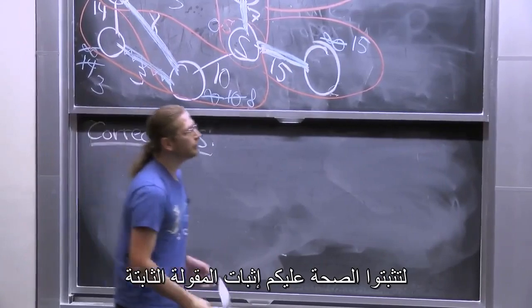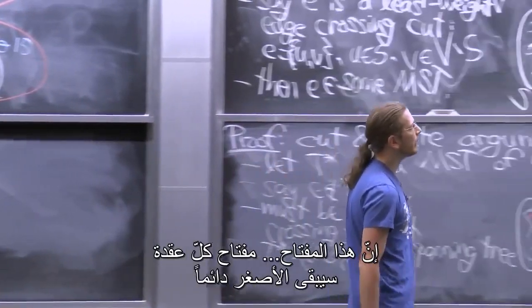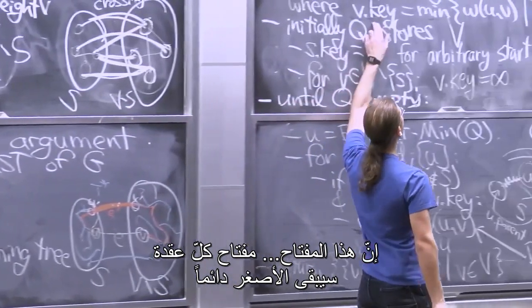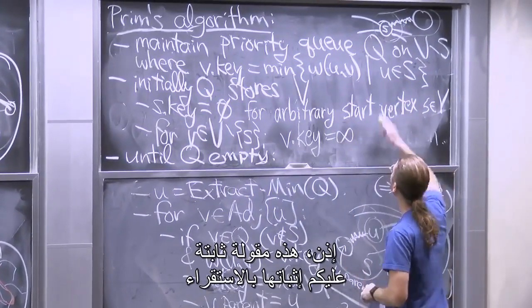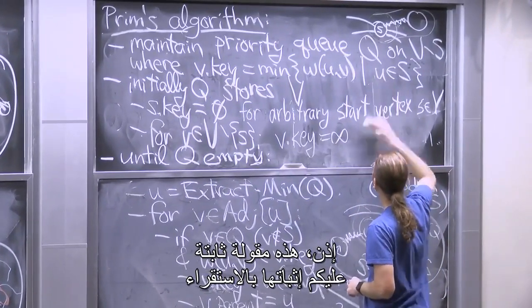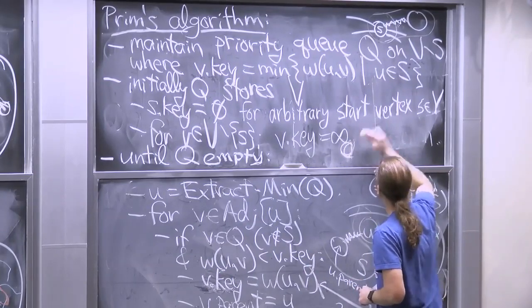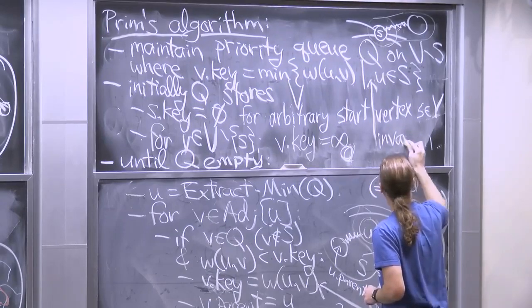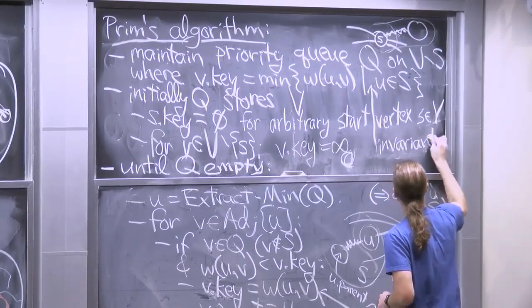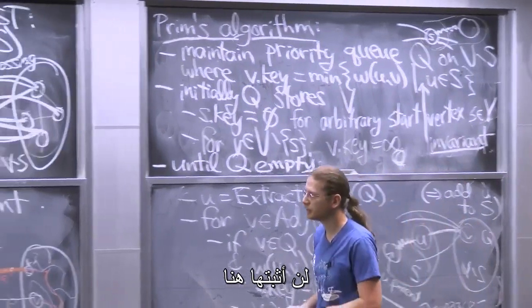OK, to prove correctness, you need to prove an invariant that the key of every vertex always remains this minimum. So this is an invariant. You should prove that by induction. I won't prove it here.